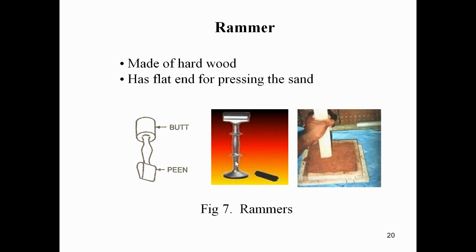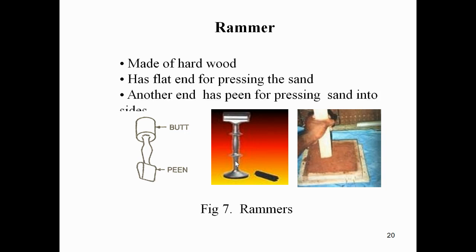It has two ends: one is the butt end and the second one is the pin. With the butt end, that is the flat end, we apply pressure on the sand so that it can be rammed. The other end has a pin for pressing sand into the sides.